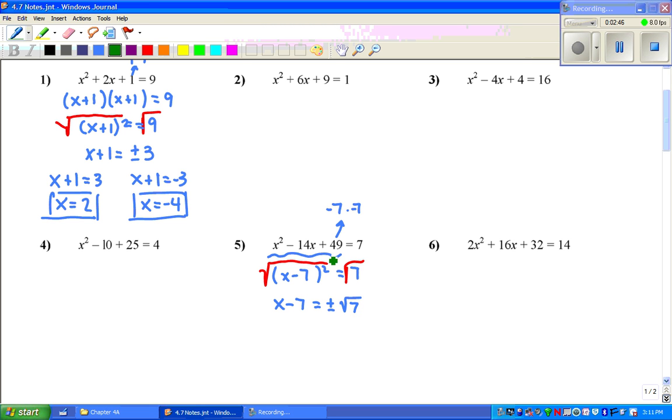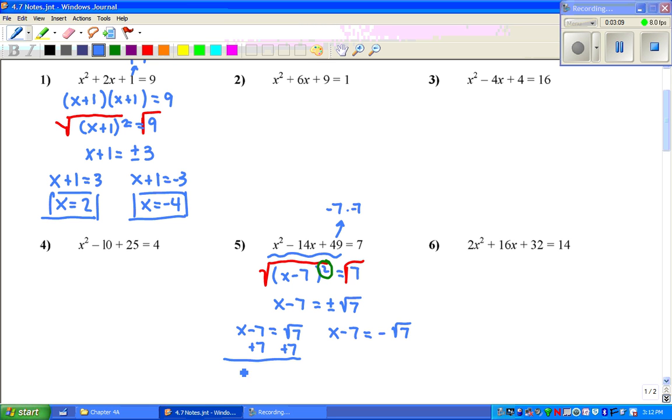Now remember, it's very important that when you see this exponent and you're taking the square root of a number, we're going to go with the positive, and we're also going to go with the negative. So now I'm going to have x minus 7 is equal to a positive root 7, and x minus 7 is equal to a negative root 7. I'm going to add 7 here, and add 7 here.